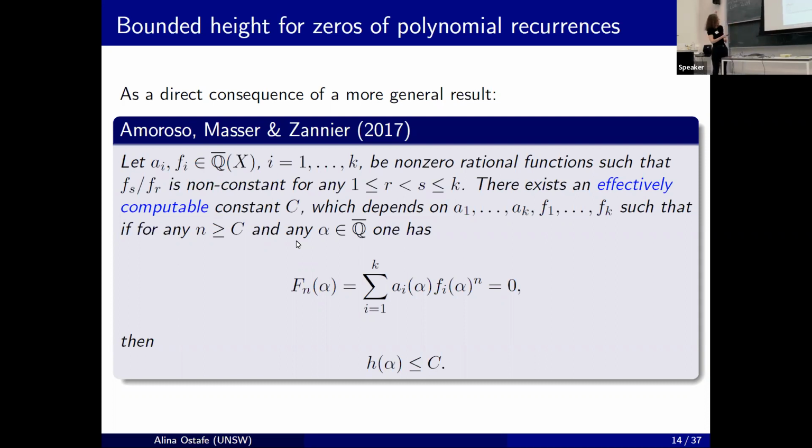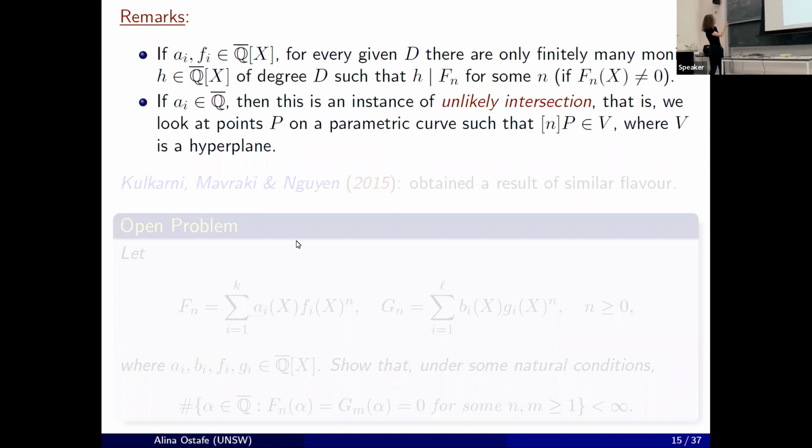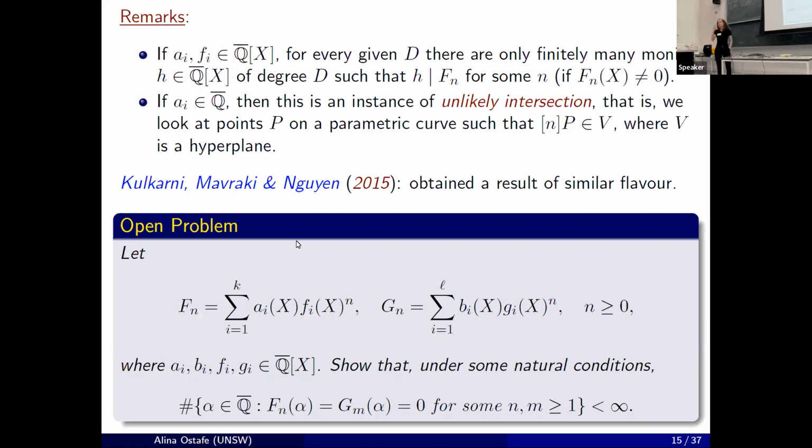All right, so this is the result, and this is the comment that I made regarding unlikely intersections. And let me also mention that a similar result was obtained by this team of people. But now I want to ask the following question. We know that if we take roots of one polynomial, then the height is bounded.